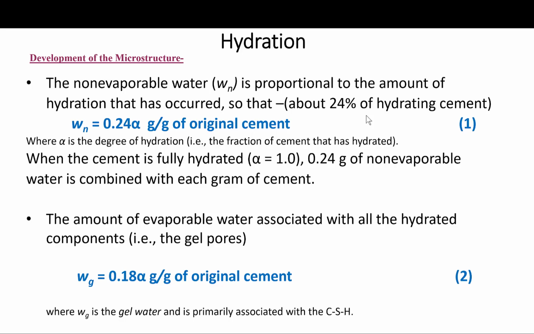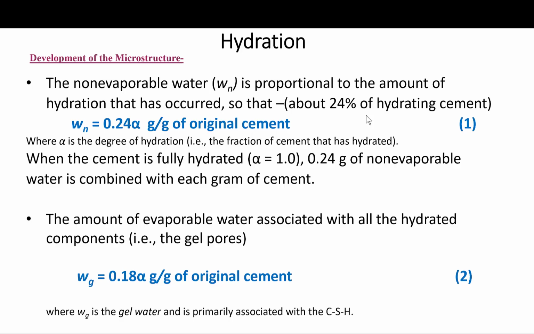Okay, so equation 1 is used to determine alpha experimentally. The amount of evaporable water associated with all the hydrated components, meaning the water that is held in the intrinsic porosity of the cement gel, meaning the gel pores, which also includes some hydrate water from the calcium sulfoaluminate, is given by this relationship, which is denoted W sub G, equals 0.18 times alpha gram per gram of original cement.